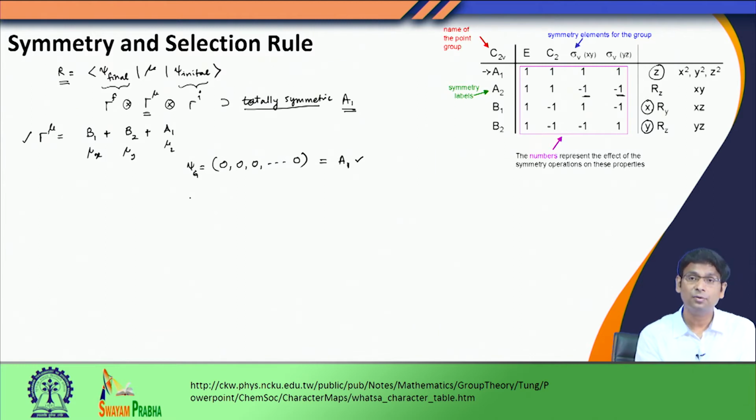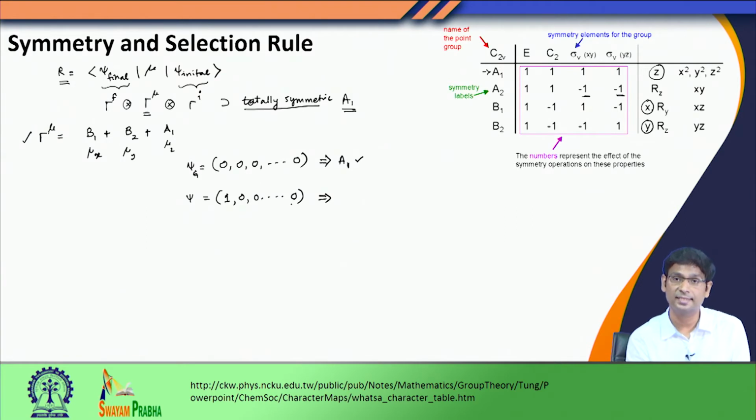Now, consider one particular vibrational state where I am exciting only along one particular mode. What will be the symmetry of this state? In all other modes, the vibrational state is the ground state.